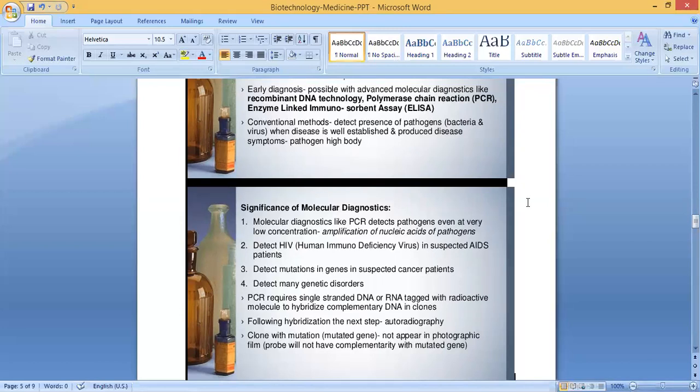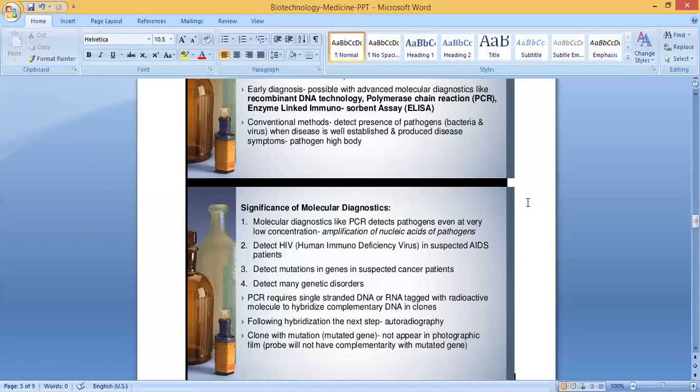What is meant by autoradiography? It is a technique using X-ray film to visualize molecules or fragments of molecules that have been radioactively labeled.